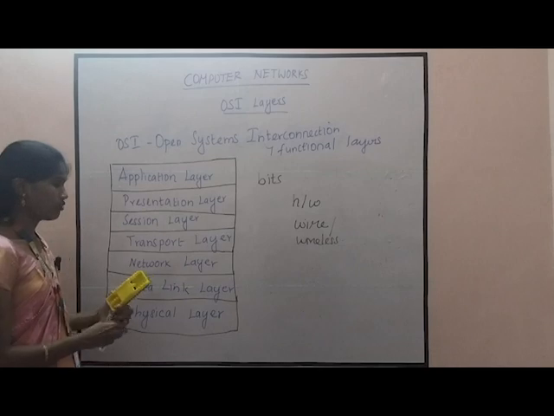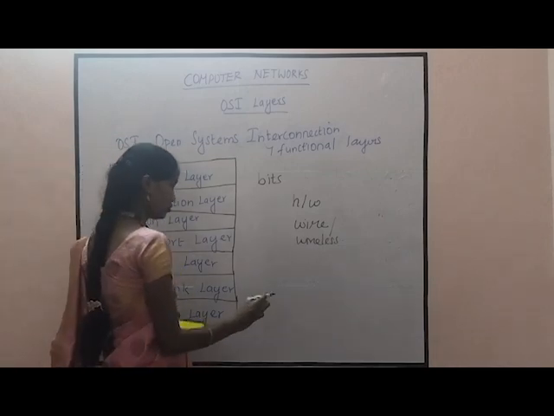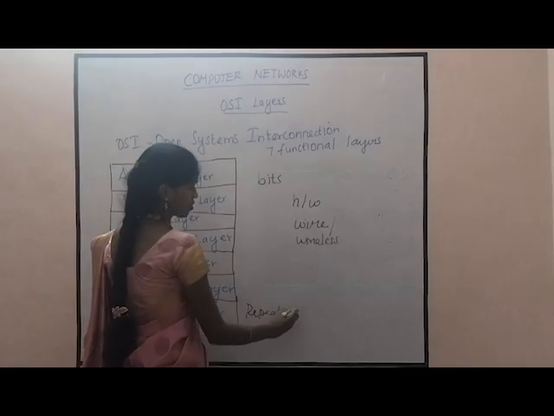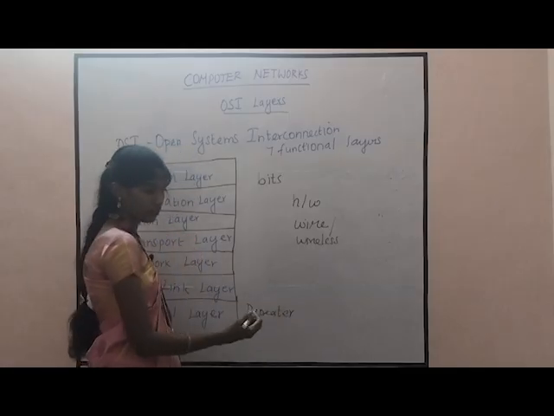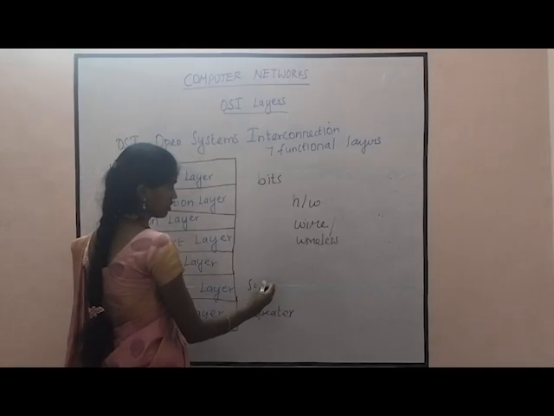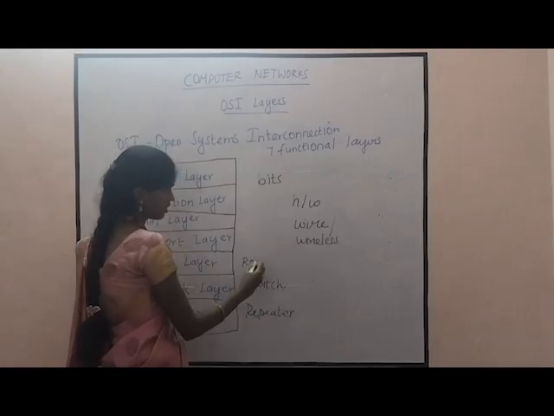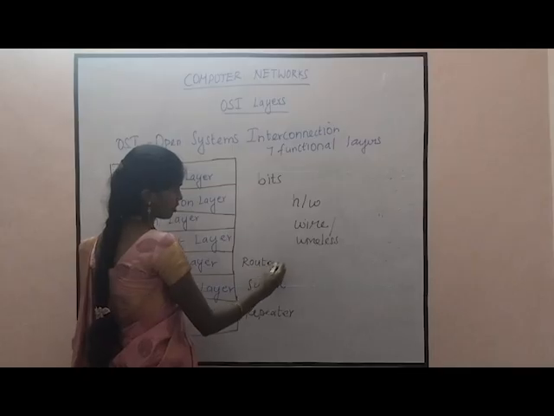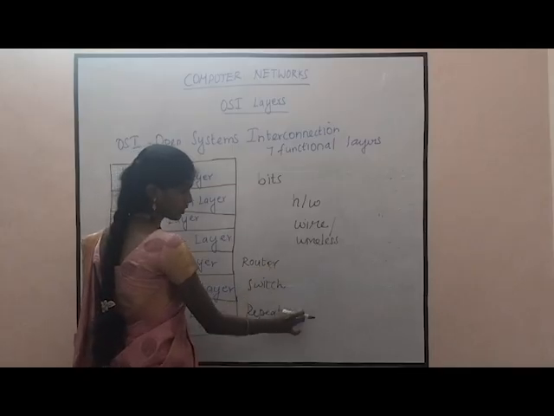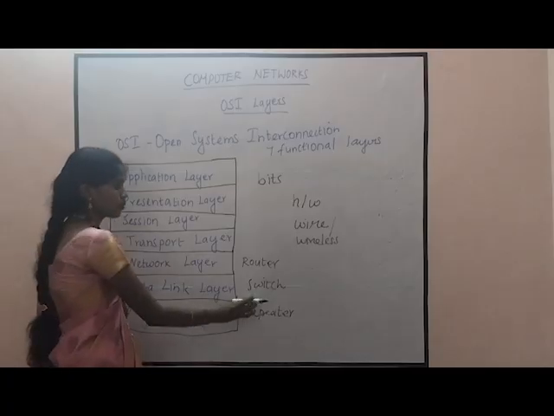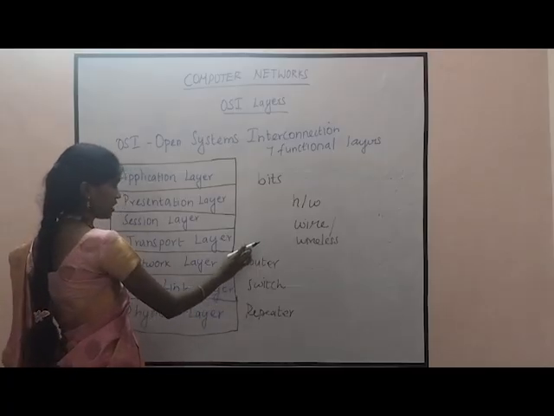So I can write the different devices used here. Here we will be using a repeater. You know the functionality of a repeater. Then here the interconnecting device is the switch. Here it is the router. These are the three main devices we need, and they will be used as interfaces between these layers.